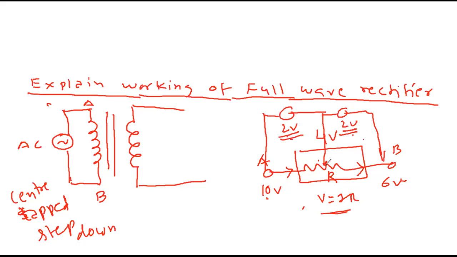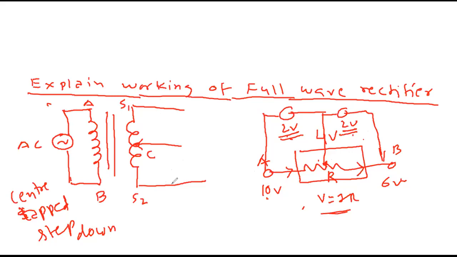So what the center tap does is split the voltage into half. So if AB has a voltage of 230, this S1, S2 will produce 10 volt because it is stepped down. Since I connected the center, across this is 5 volt, across this is 5 volt. So the advantage of center tapping is that it splits the voltage into 2 equal halves.